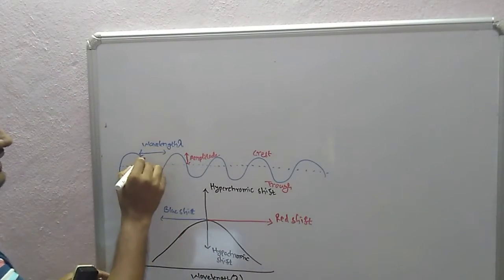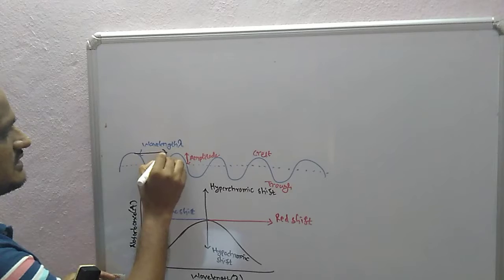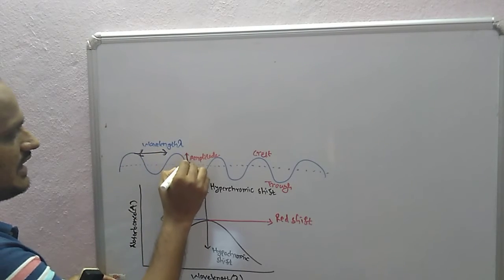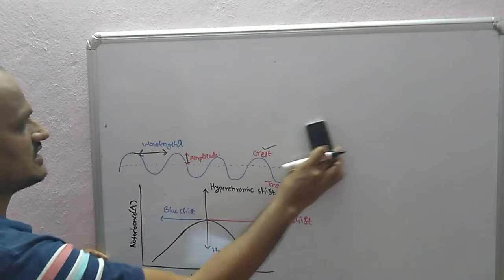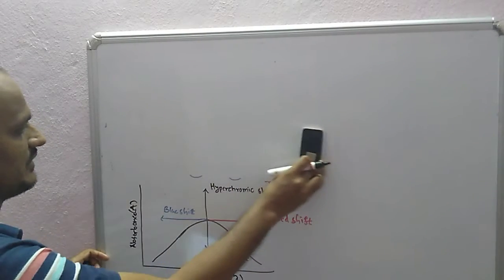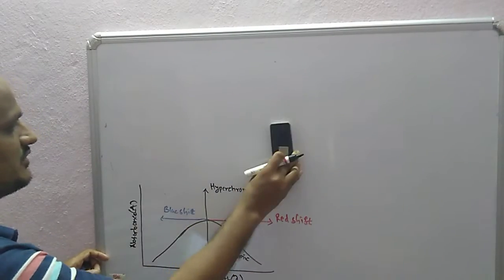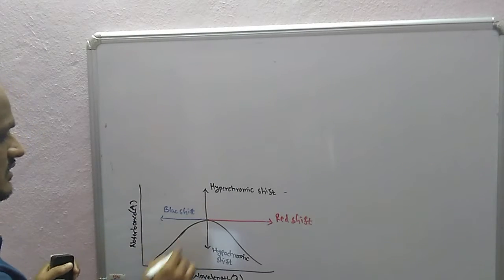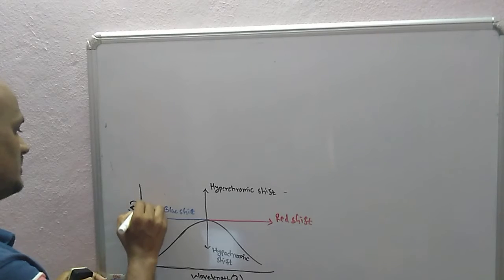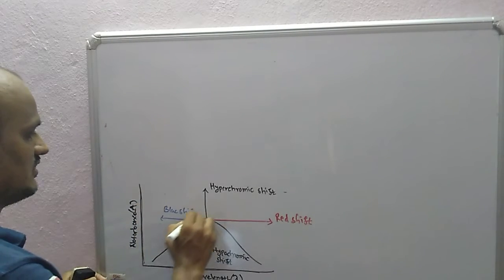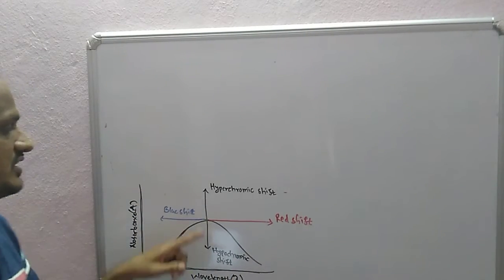And this one is a wavelength. The distance between two crests is the wavelength, and this height is the amplitude. One is a crest, the other is a trough. This light is an electromagnetic wave. If we plot wavelength on the x-axis and absorbance on the y-axis, we can see our absorbance.